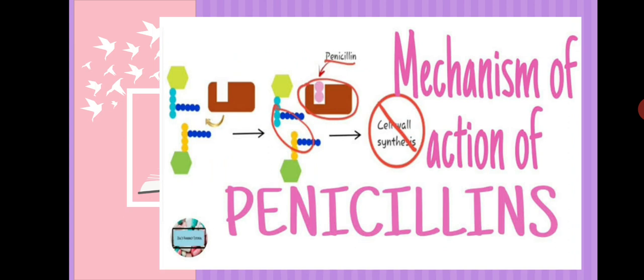When peptidoglycan synthesis is prevented, cell wall deficient forms are formed, usually spheroplast and filamentous forms. Then there will be the breakdown of all parts of the cell or tissue by self-produced enzymes, what we call autolysis, which results in the bactericidal effect or cell death. So that is the mechanism of action of penicillin.